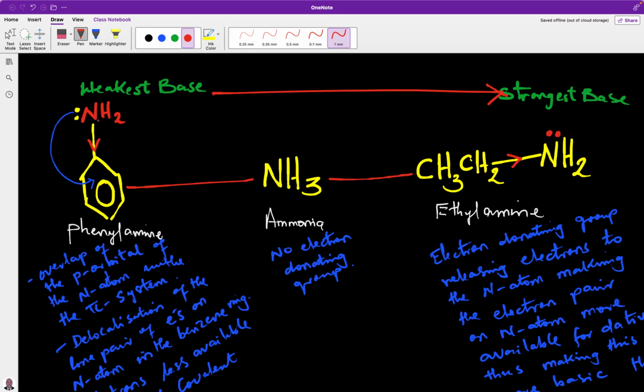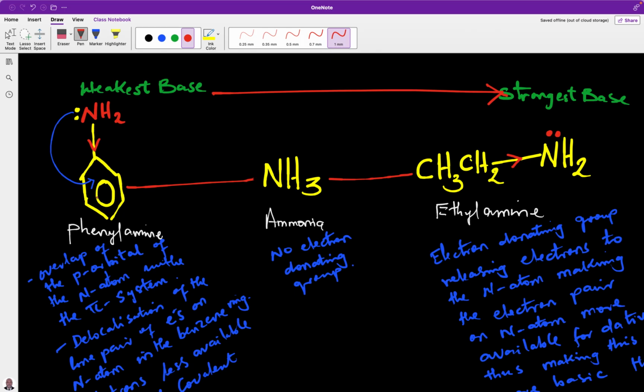The amine group on the benzene ring is electron withdrawing. Instead, electrons are being drawn away into the benzene ring.